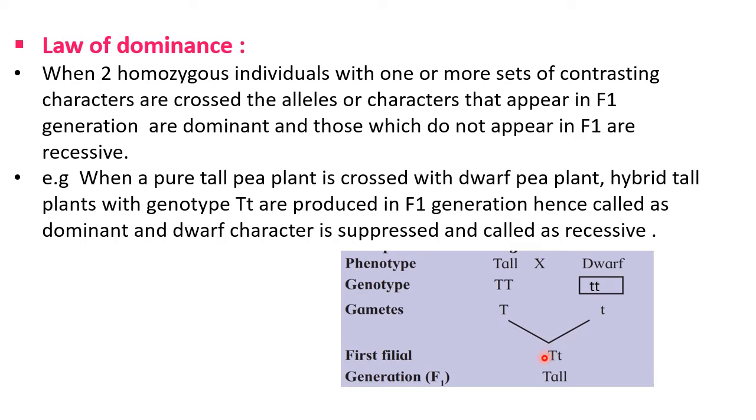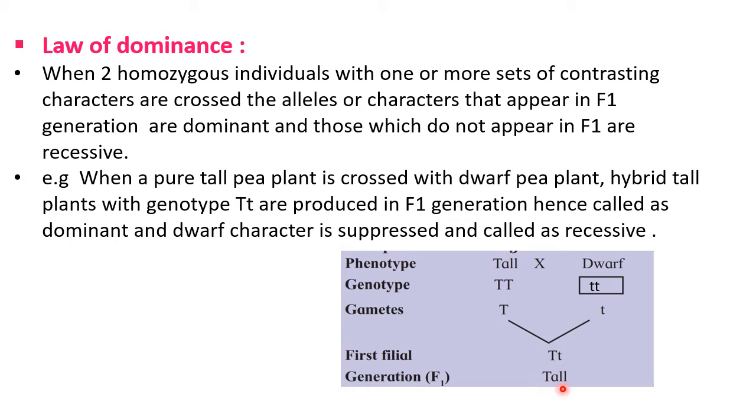Now here we see that capital T, the gene for tallness, and small t, the gene for dwarfness, are present. So all the plants produced in F1 generation are hybrid, but as we see, only the tall character appears in the first filial generation or F1 generation.